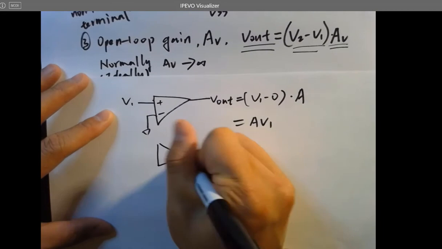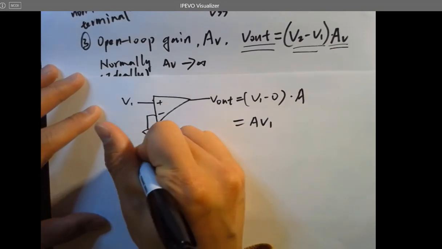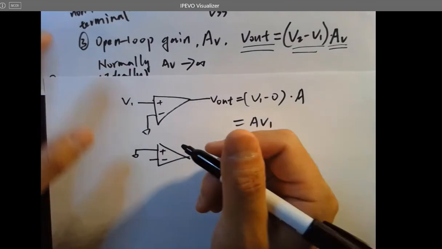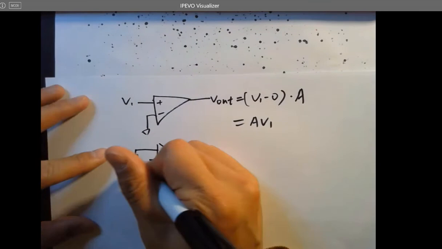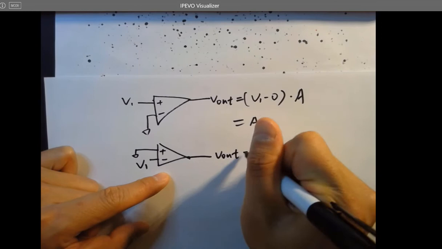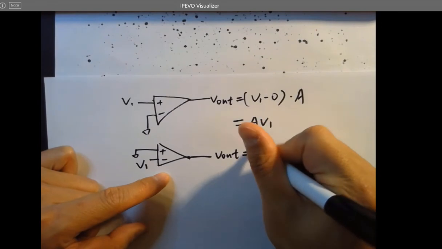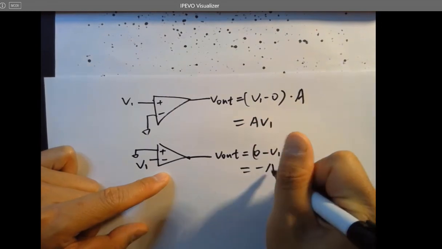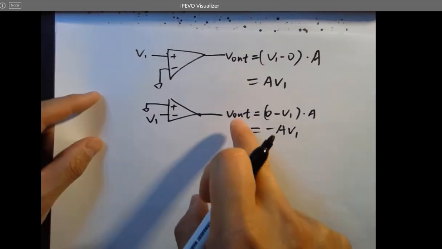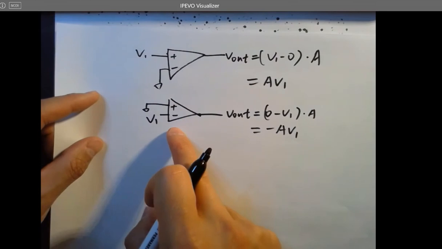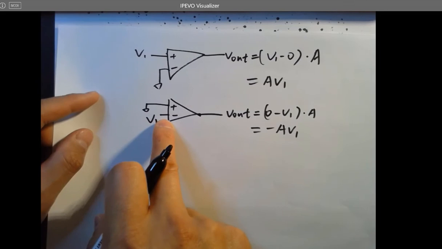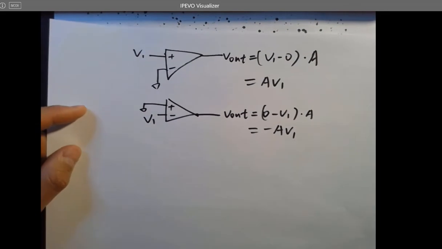In a different example like this, this time I'm shorting the non-inverting terminal, and V1 is connected to the inverting terminal. So V out this time equals 0 minus V1 times A, which equals minus A V1. Just to let you know, the way to calculate the output from the open loop gain is to use the non-inverting terminal voltage minus the inverting terminal voltage, times the open loop gain.